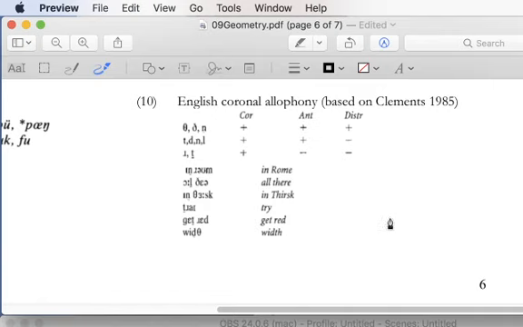So what's going on here? Well, again, we have a couple of time slots. Each one of these time slots is going to be associated with a root node.